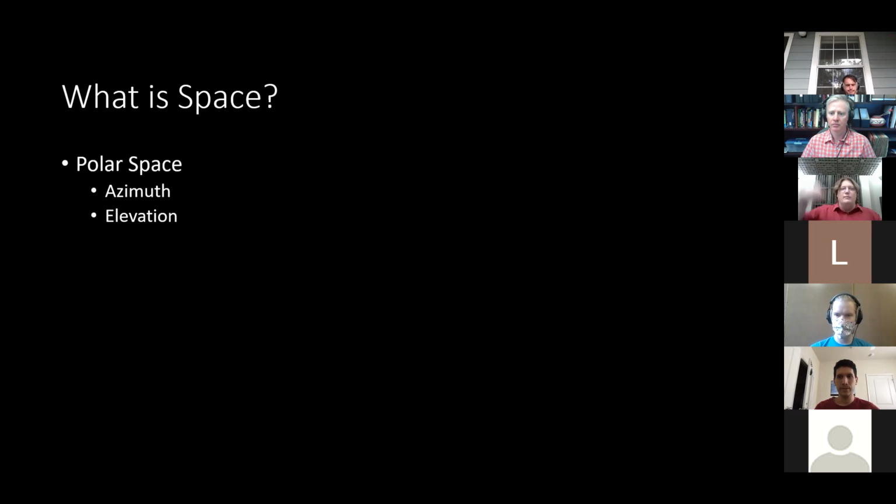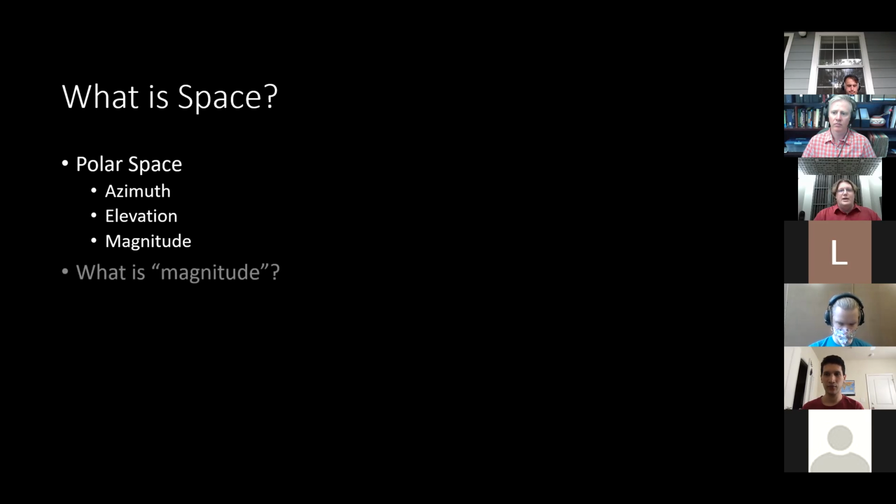Azimuth, elevation. And then the third component of polar space, the third dimension of polar space, so to speak, is magnitude. And when we start talking about how we represent magnitude in polar space in terms of audio, this gets to be kind of counterintuitive for a lot of people, because we have to understand what magnitude is.